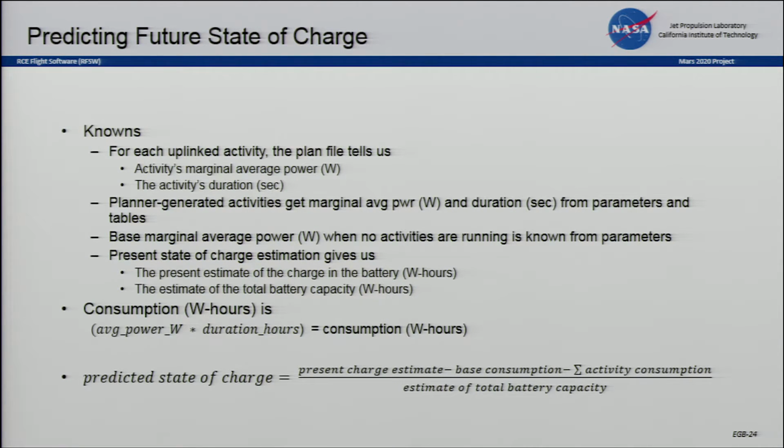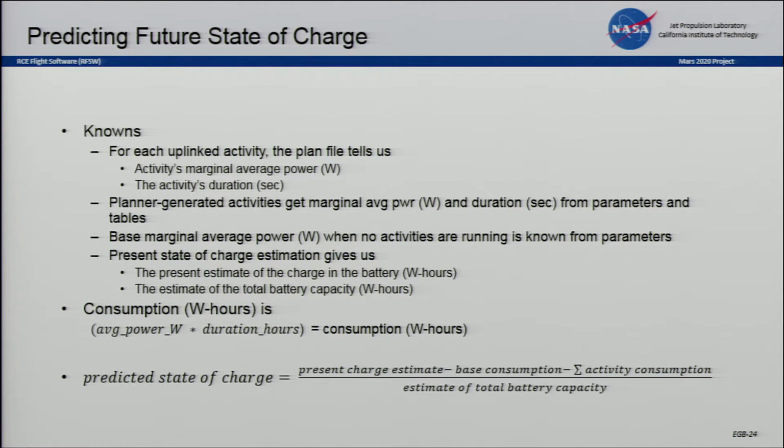Okay, now we're going to talk about state of charge. For each activity, we're going to know how much energy it's going to consume, and we know its duration. For activities that are generated on board, like sleeps, for example, we're going to get that same information from parameters. These are basically the inputs we need. We need how much the activities are going to consume, and how much is going to get consumed in a quiescent state.